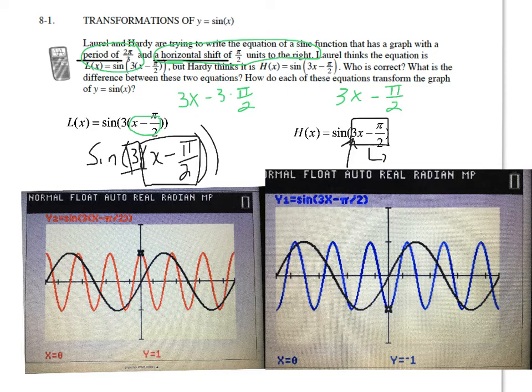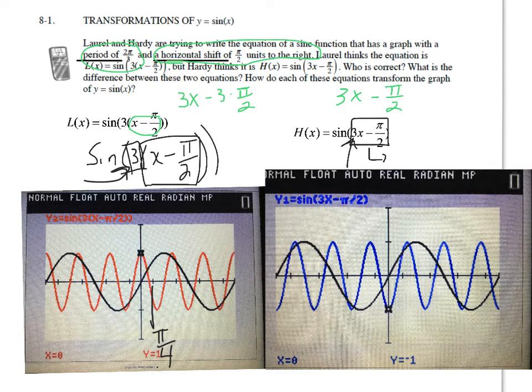The red graph, starting up here at a maximum, almost looks like a cosine, but it's not, and it's completing 1, 2, 3 cycles in 2 pi. That's where that 3 comes from. That 3 right there tells us we have 3 cycles in 2 pi. Our tick marks along the x-axis, each tick mark is a pi over 4.